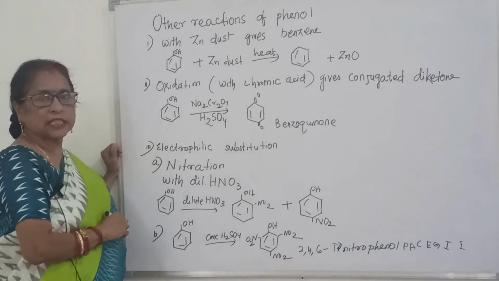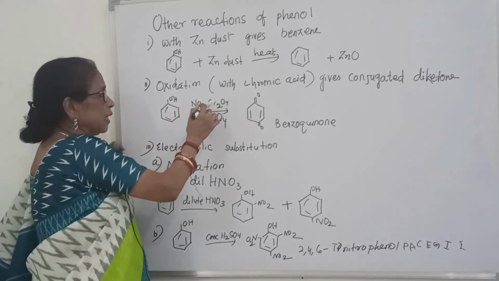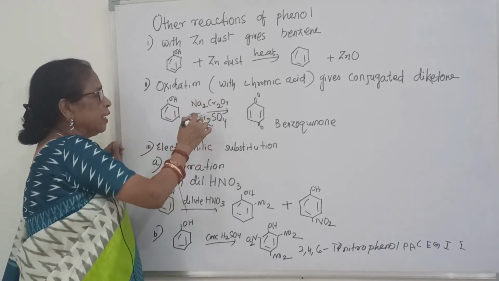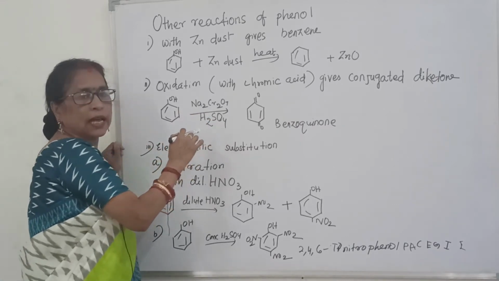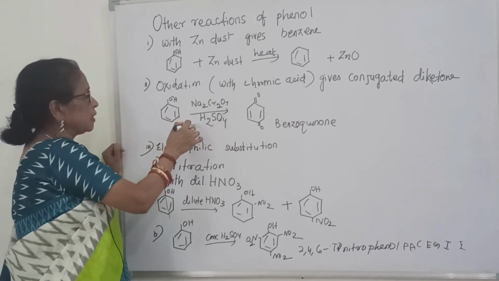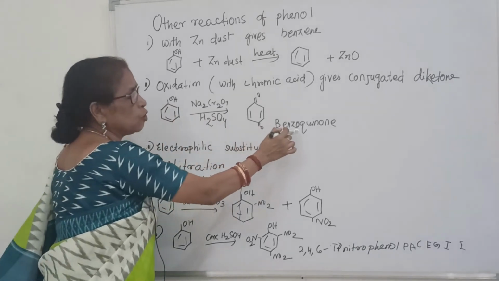Oxidation with chromic acid. Chromic acid means what? Here chromic acid is formed by heating with sodium dichromate and sulfuric acid. This chromic acid on heating with phenol gives benzoquinone.